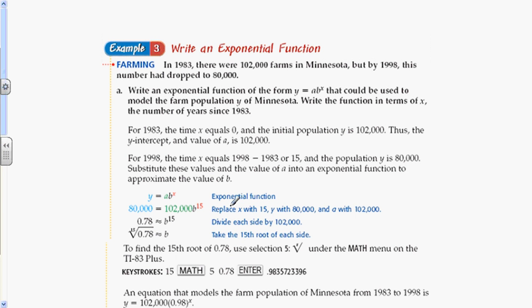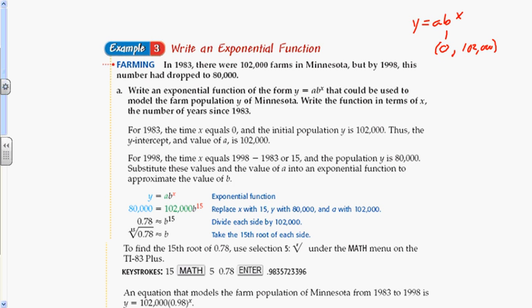This example is one of how to come up with the equation of y equals a b to the x given coordinates. Now, this is the word problem, but it's still coordinates. And the coordinates for this particular example are that in 1983, they had 102,000 farms.